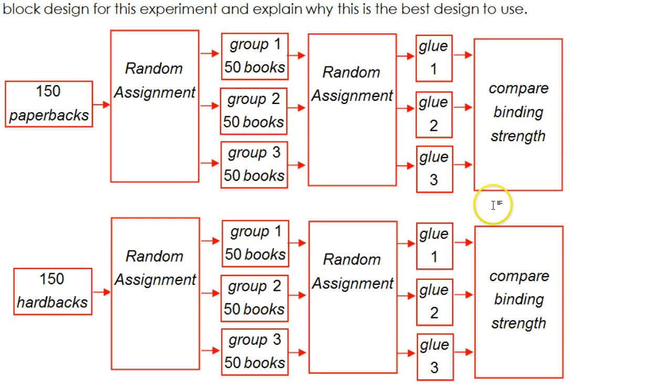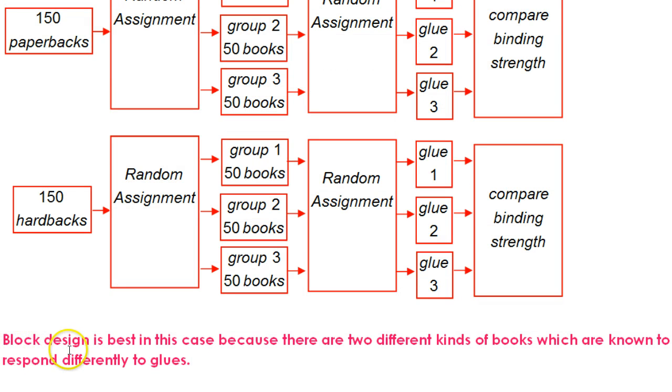Alright, so there's what the full experiment would look like. Obviously, you just duplicate the same thing for the hardback books in terms of the experiment. And again, block design is best in this case because there are two different kinds of books which are known to respond differently to glues.